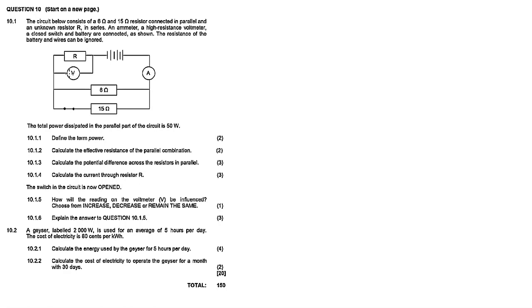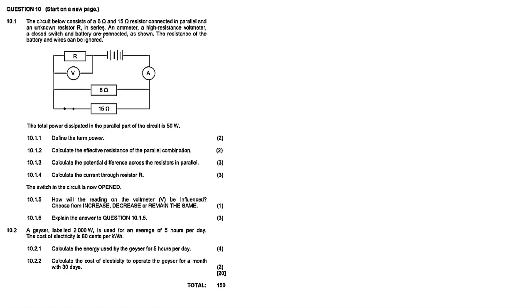The circuit below consists of a 6 ohm and 15 ohm resistor connected in parallel and an unknown resistor R in series. So this parallel connection is connected in series with this R resistor. The 6 and the 15 are in parallel.